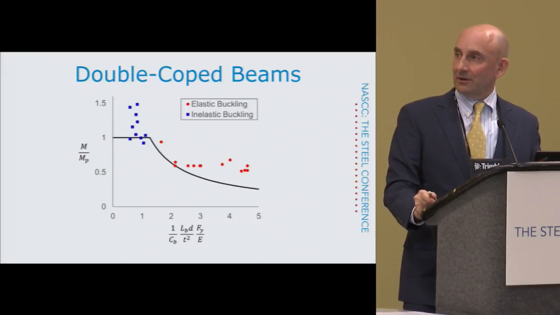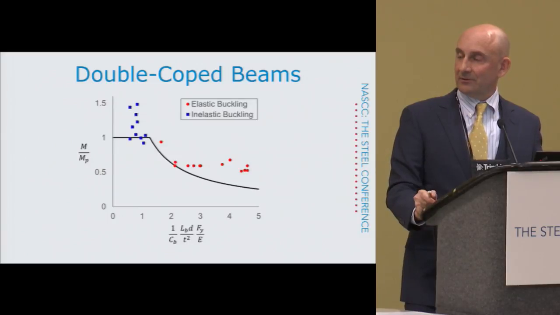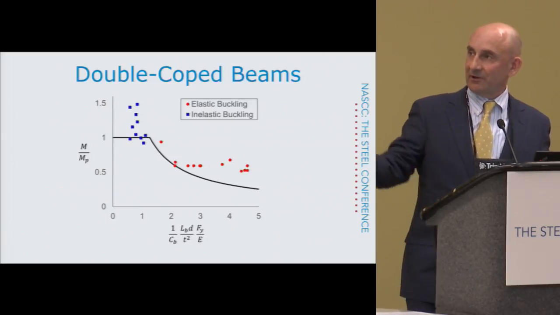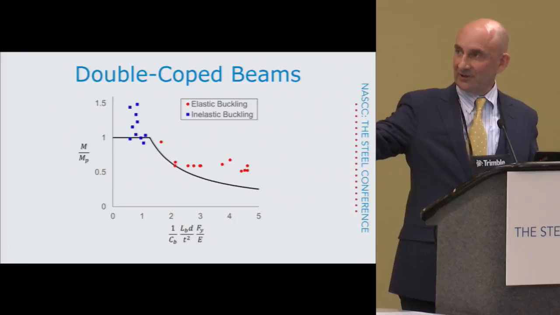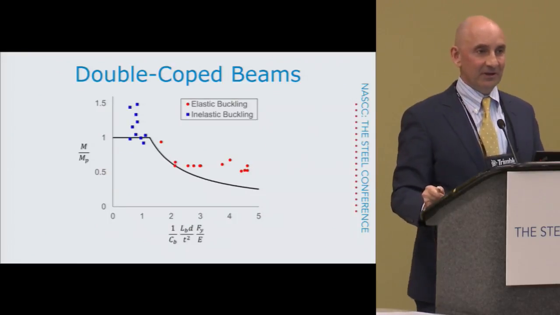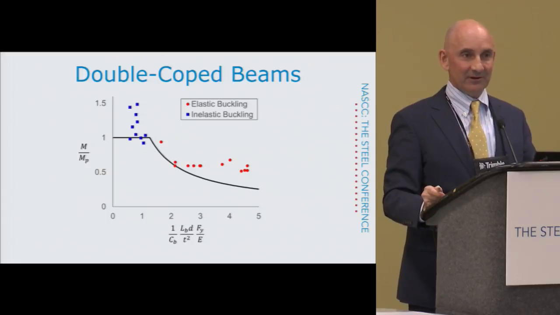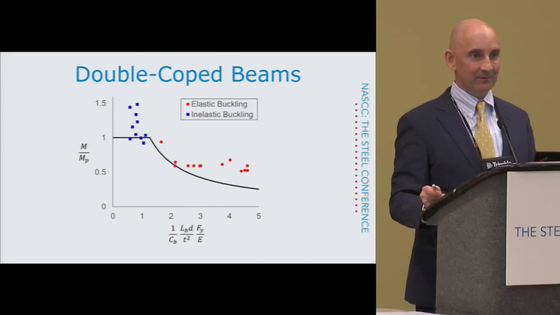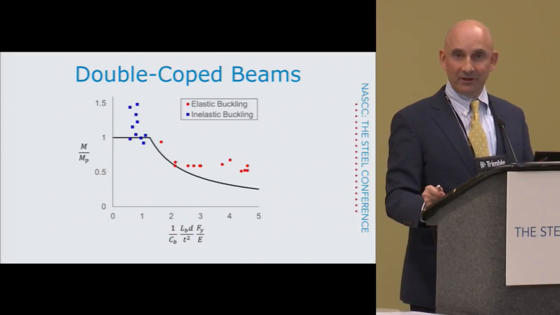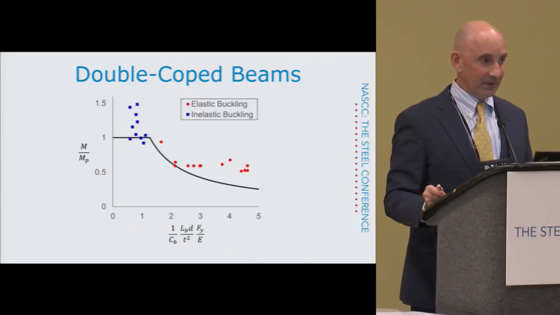But the problem is that these specimens, all of these specimens out here, none of those had the imperfections measured. So we didn't have the out of flatness of that web. We didn't have the initial twist, which is something that you need to look at for lateral torsional buckling, and we didn't have the residual stresses.